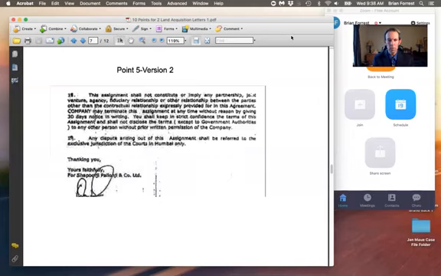Version 2 starts and ends on page 5 with no additional content, which is a difference.